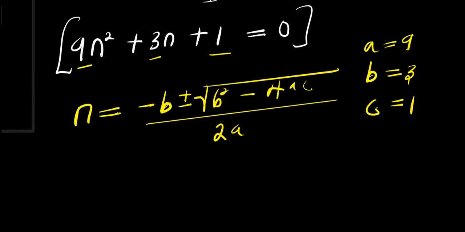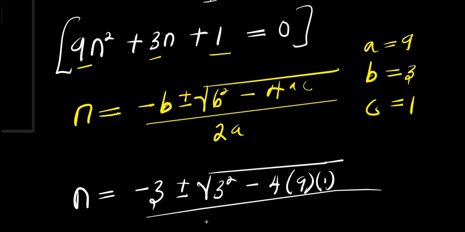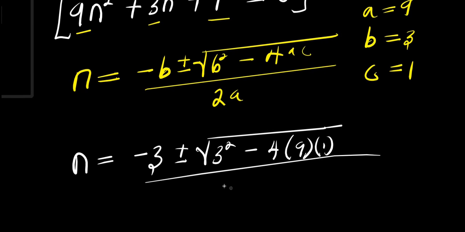So n equals negative 3 plus or minus square root of this is to the power 2 minus 4 times 9 times 1 divided by 2 times 9.